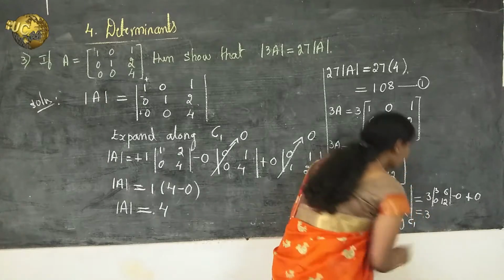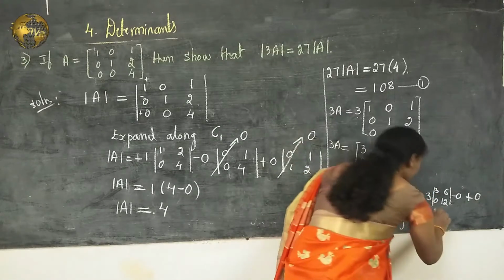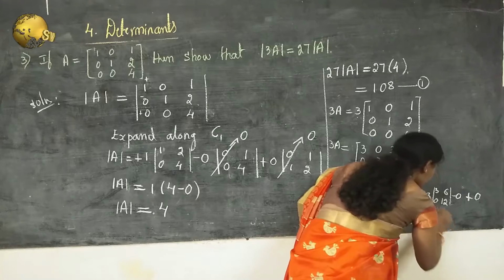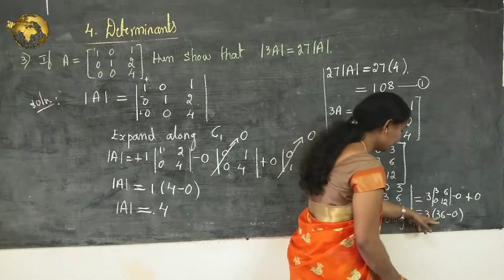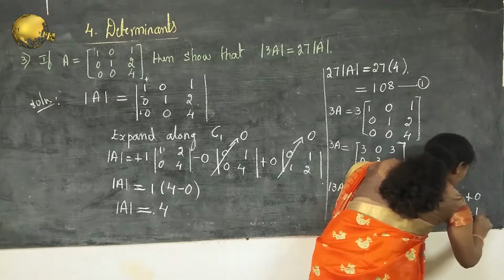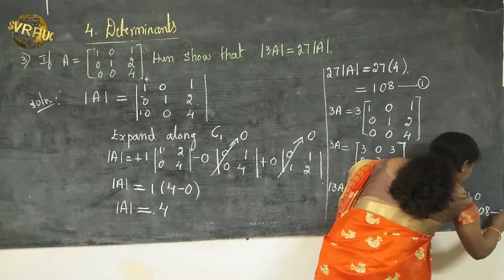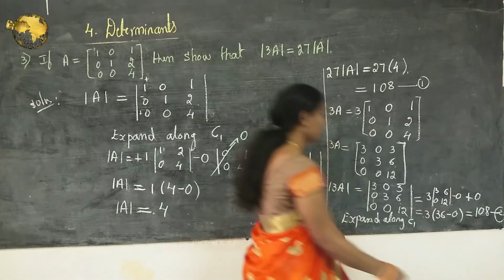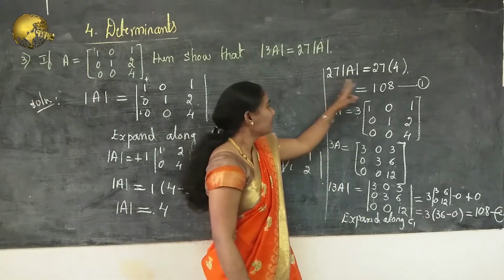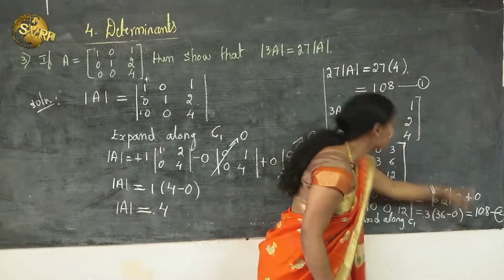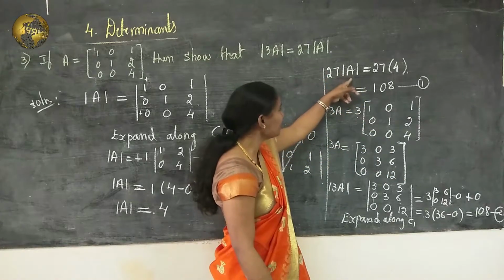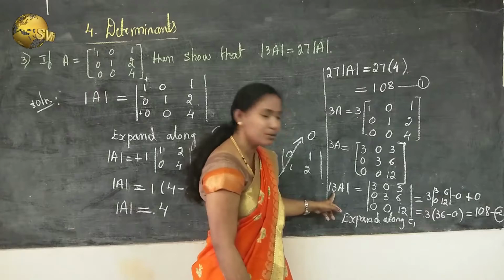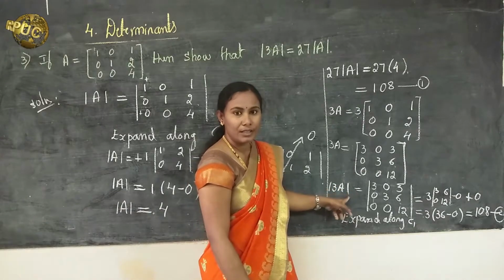So 3 into 12 is 36, and 36 into 3 is 108. I take this as 2. Just see, 1 and 2 are both the same, 108. So 27 into determinant of A is equal to determinant of 3A.